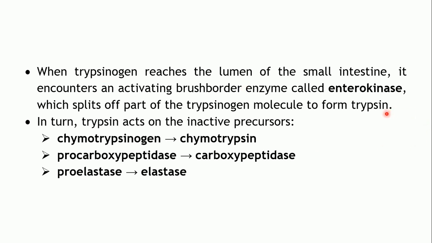It will split off a part of trypsinogen and convert trypsinogen to trypsin. In turn, this trypsin will convert chymotrypsinogen to chymotrypsin, procarboxypeptidase to carboxypeptidase, and proelastase into elastase. These are the active forms of enzymes which are actually involved in the digestion of the proteins to peptides.